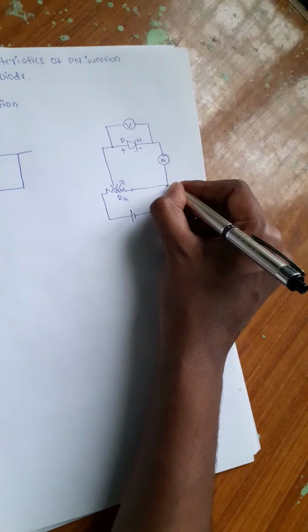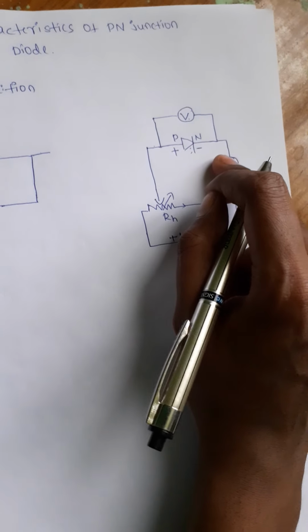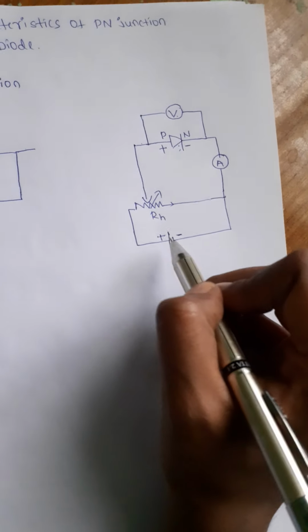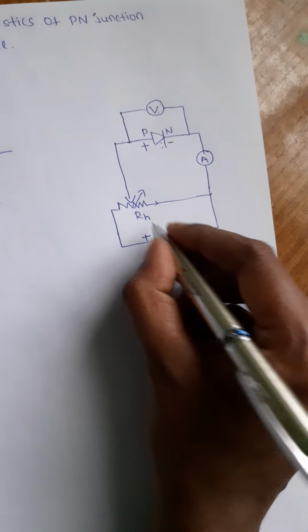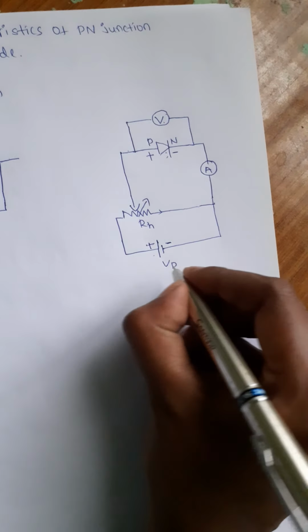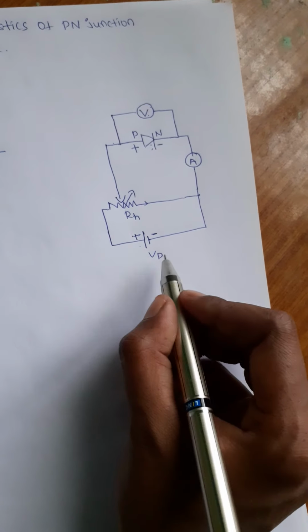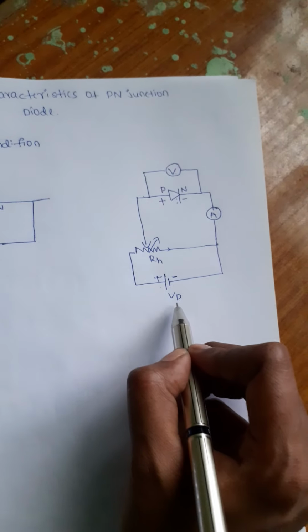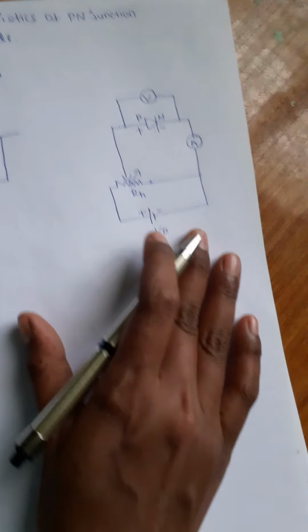Under this forward bias condition, the positive terminal is connected to p type and the negative terminal is connected to n type. The rheostat is for changing the voltages. Different voltages can be applied by changing this rheostat, so by changing the rheostat we can change the external voltage applied to the diode. So this is the circuit diagram.